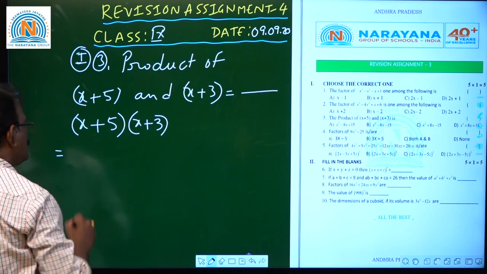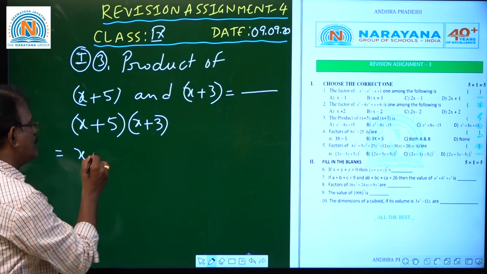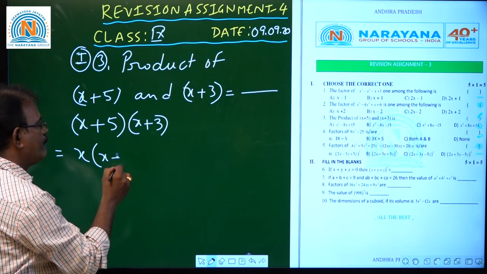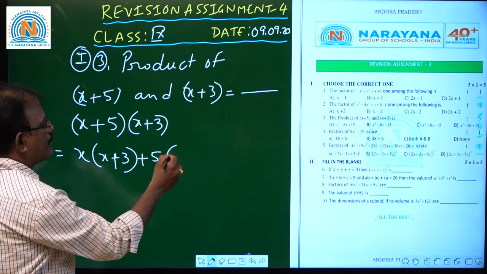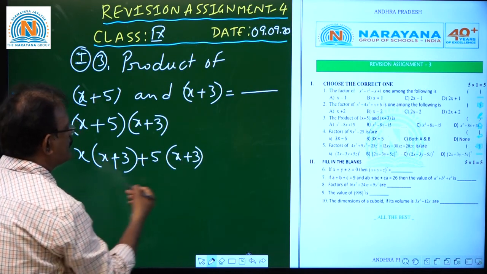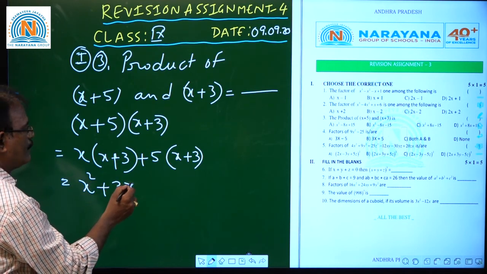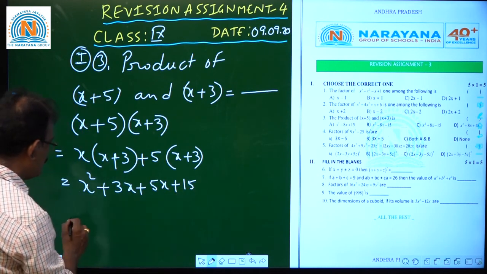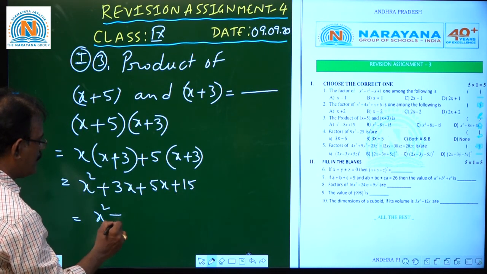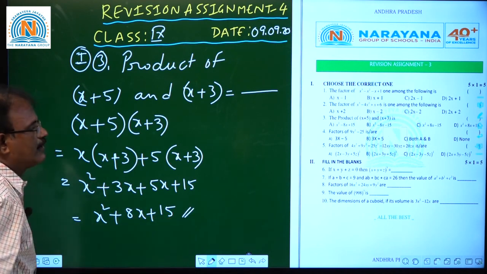As I told in the previous class, children, x is the first term, multiplied into x plus 3, and the second term in the first expression is also multiplied with the second term. So x times x, x times 3, 5 times x, 5 times 3. So this is x square plus 8x plus 15, the product of the given 2.